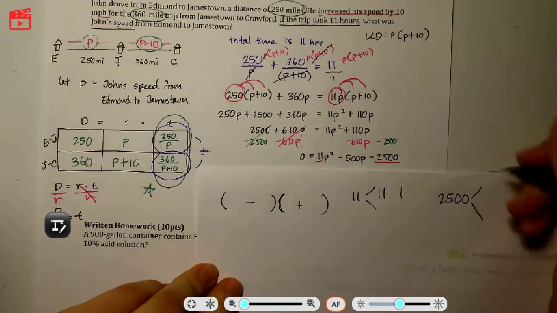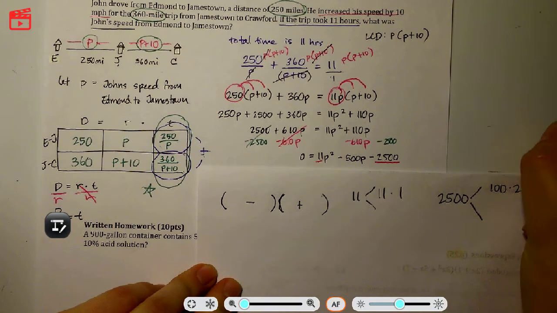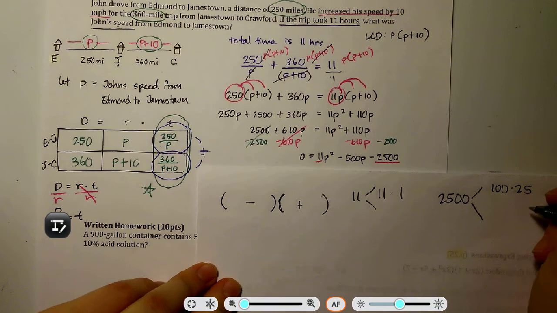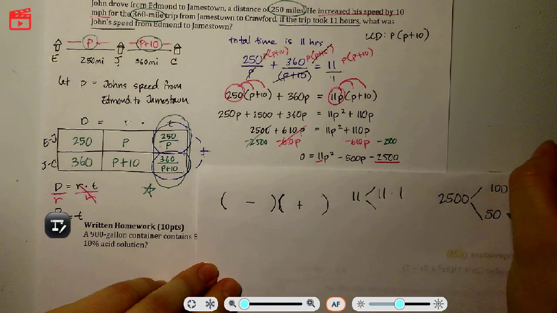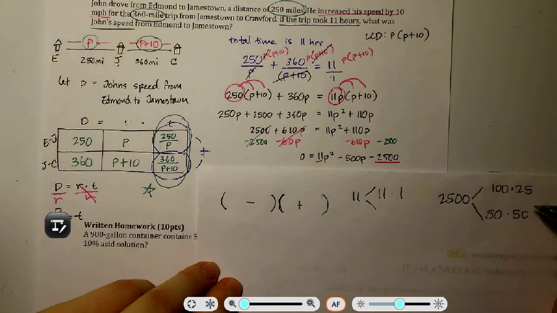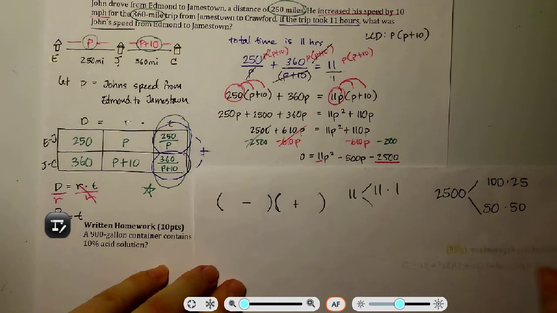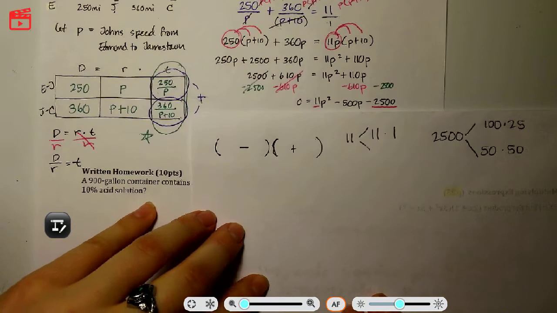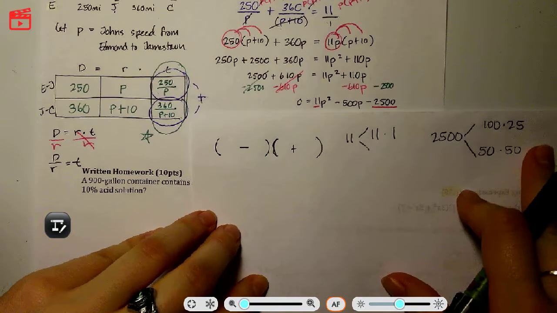Let's see. Well, 100 times 25 gives me 2,500. What's another one? 50 times 50. Okay, these aren't all the factors, but let's go ahead and work with these and see if they give us our answer. If not, we'll have to look for more factors.